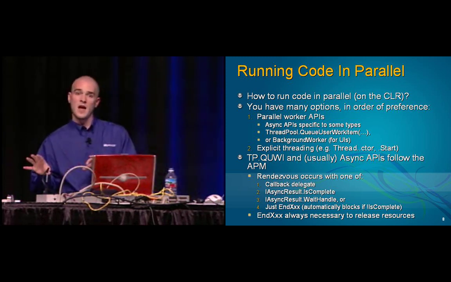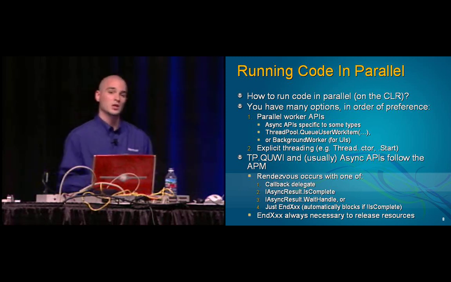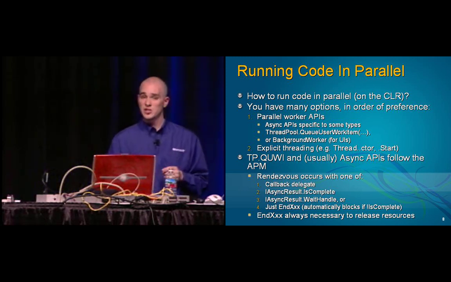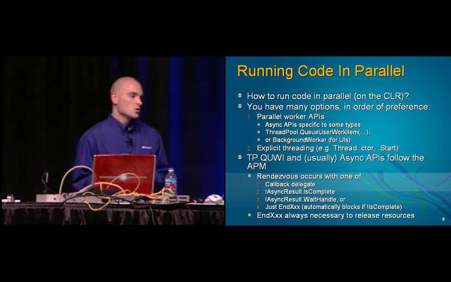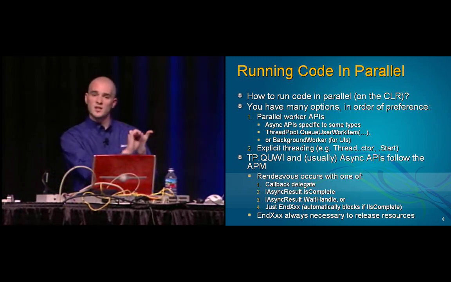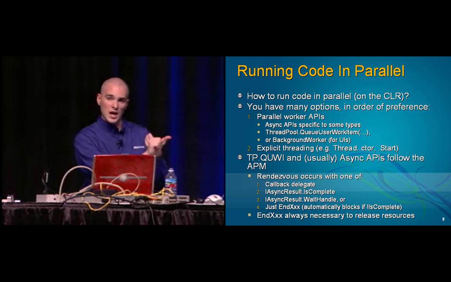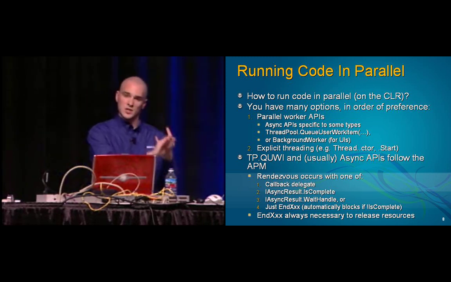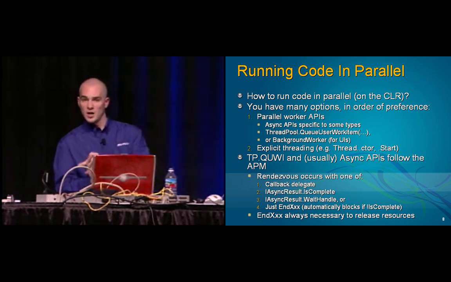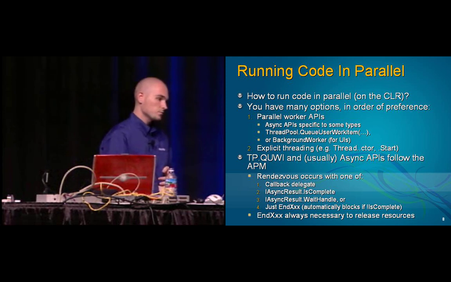The nice thing is that FileStream can be intelligent because it knows it's doing file work, so it can take advantage of I/O completion ports on Windows, which is critical to achieving high scalability in server scenarios. So roughly speaking, the order of preference is: use the async API if it's available on the class you're working with. If not, then decide, am I using a UI? If so, use BackgroundWorker. Otherwise, use the thread pool directly.